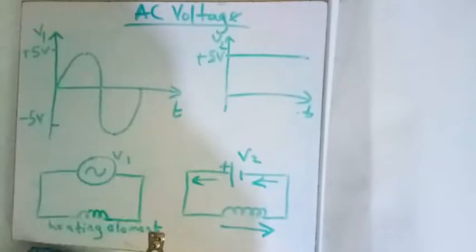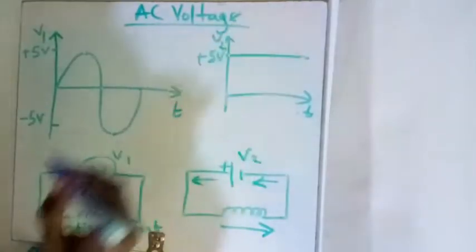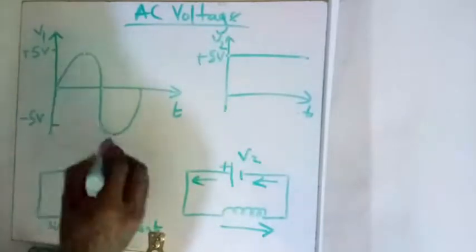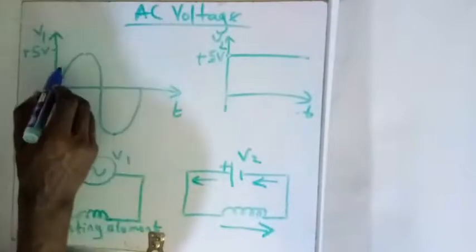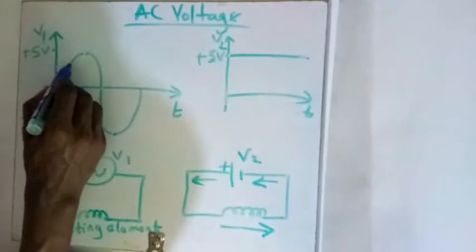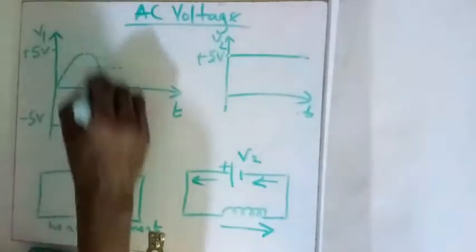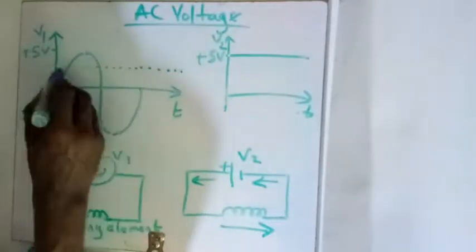So you can't compare that to applying positive 5 volts constantly. Although you are touching 5 volts positive and negative at these single instances, effectively your voltage is somewhere around here, basically. So this AC voltage is almost the same thing as a DC voltage that is less in value.